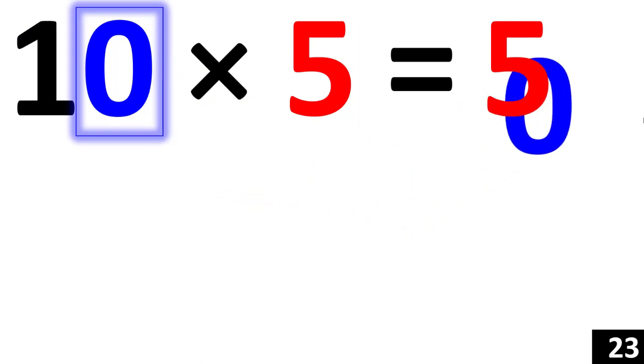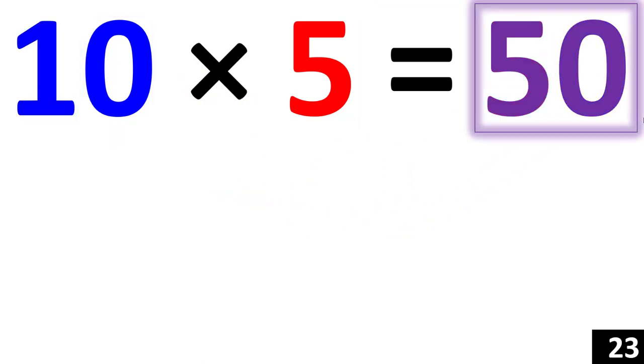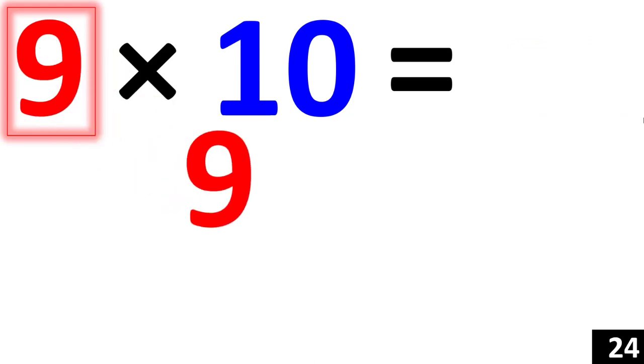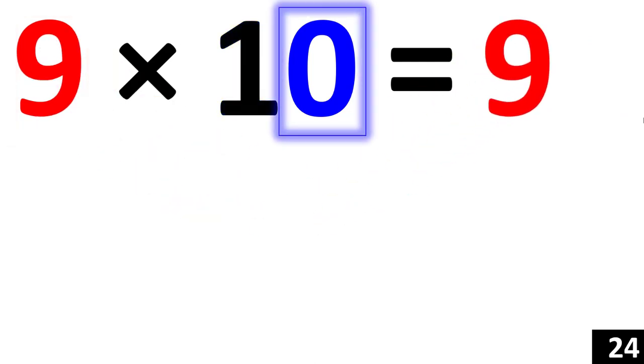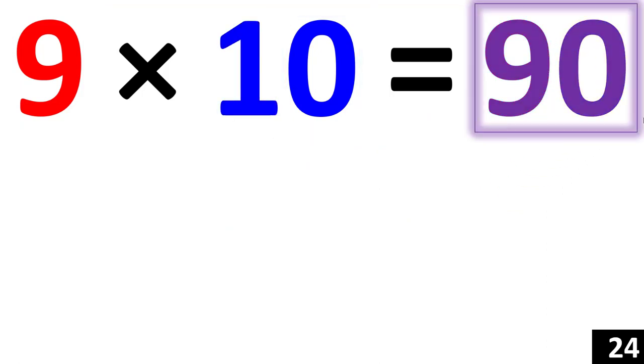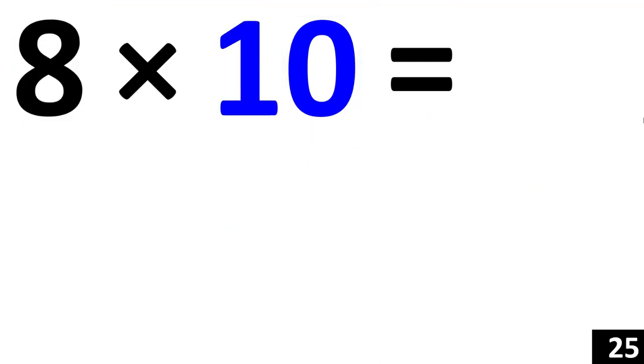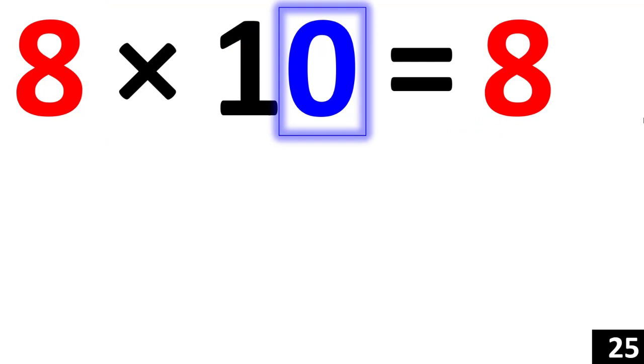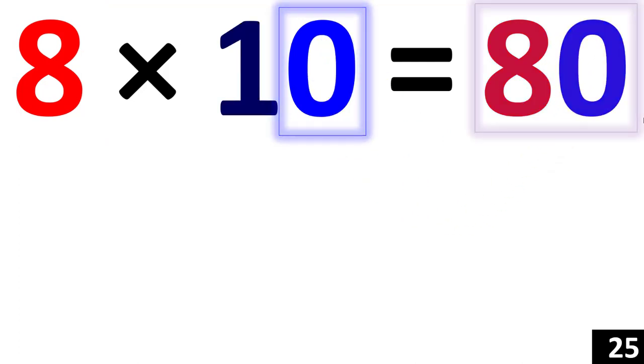A 5 with an added 0 is 50. 9 times 10 is a 9 with an added 0. And a 9 with an added 0 is 90. And lastly, 8 times 10 is an 8 with an added 0, which is 80.